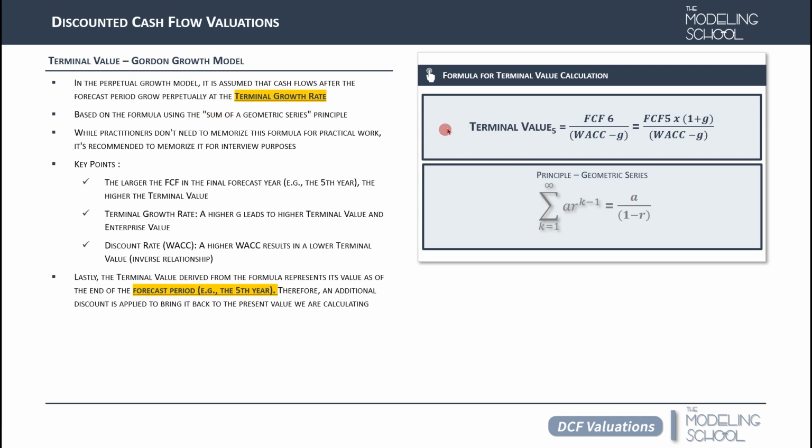Of course, for those of you who have just heard of this theory for the first time, it's going to be quite unfamiliar. So let us explain this in more detail as we go through the financial model when we actually create our DCF. And for technical interview purposes, I don't think that's too important. So if you haven't understood it, I recommend that you move forward at this point in time.